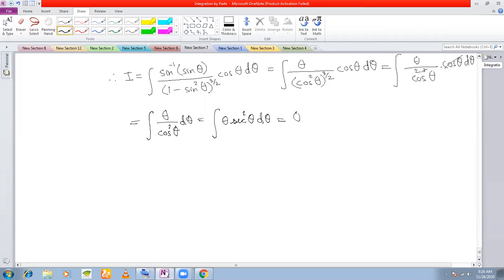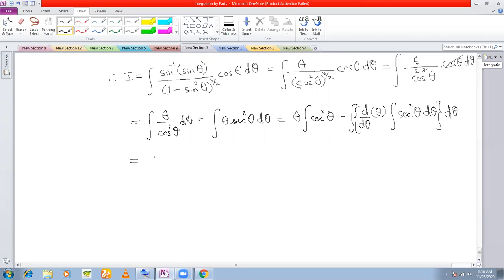So first function into the integral of the second, minus integral of derivative of the first, put it in brackets, into the integral of the second, and you have to integrate this whole thing.